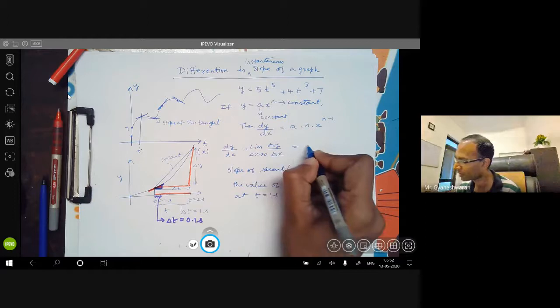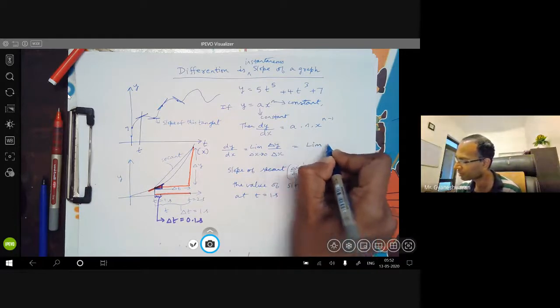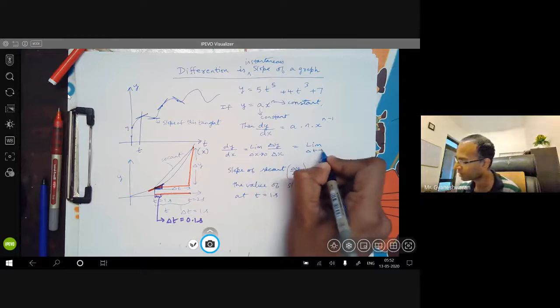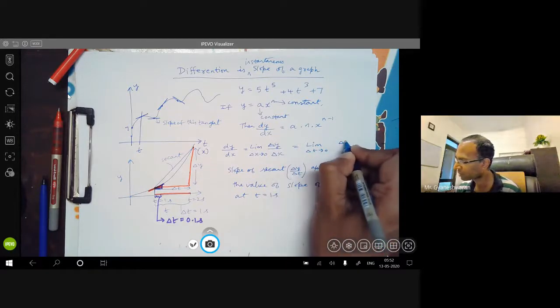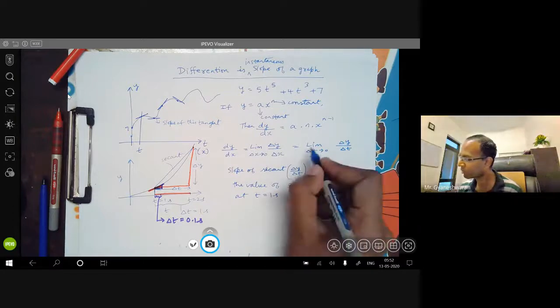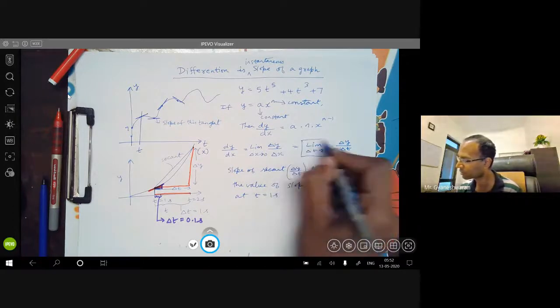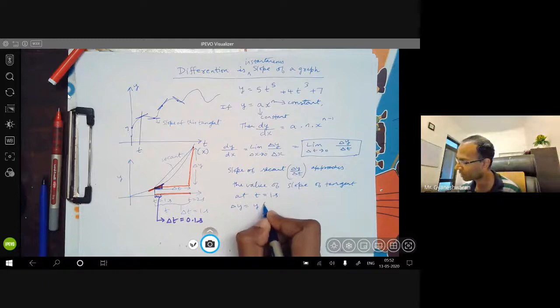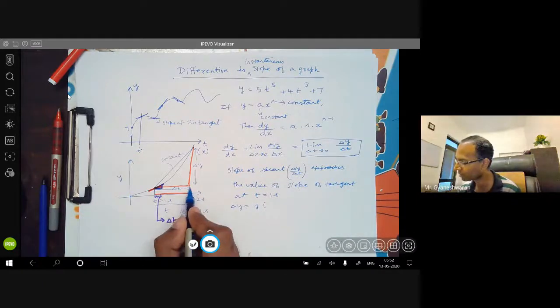So in our example, we have the limit as delta t tends to 0 of delta y by delta t. Now if you want to calculate this, delta y we know is the value of y at the bigger value of t, which is t plus delta t.